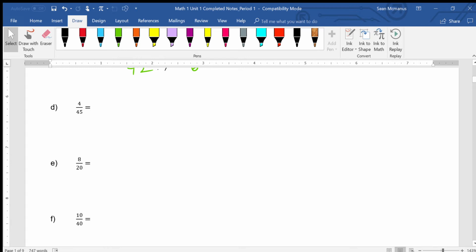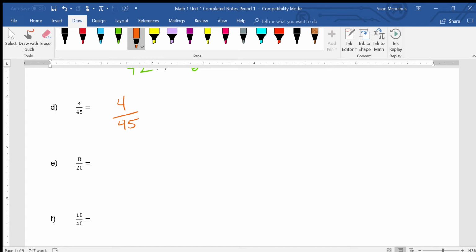4 over 45. So here's a good example of a slightly different case, right? So if I think of the factors of 4, what are the numbers that go into 4? Right, 1 obviously, but if I divide by 1, that doesn't really change anything. 2 goes into 4, but 2 does not go into 45 because it's not an even number. 3 does not go into 4, but 4 does go into 4, but 4 does not go into 45 evenly.